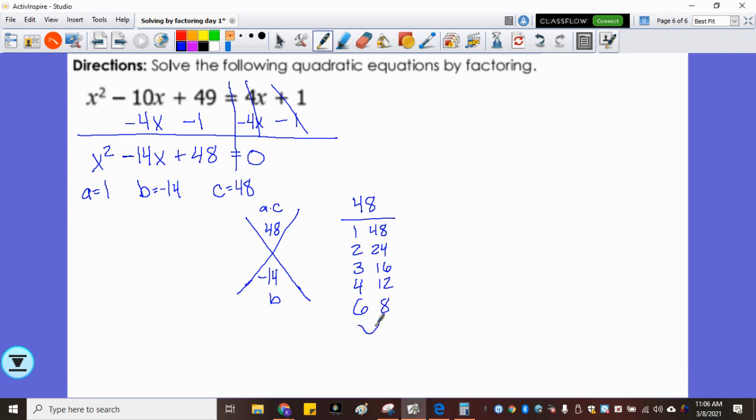The next number I'd try would be 8. With one of these pairs that multiply to 48, but add to negative 14, which one has a difference of 14? Or sum of 14?